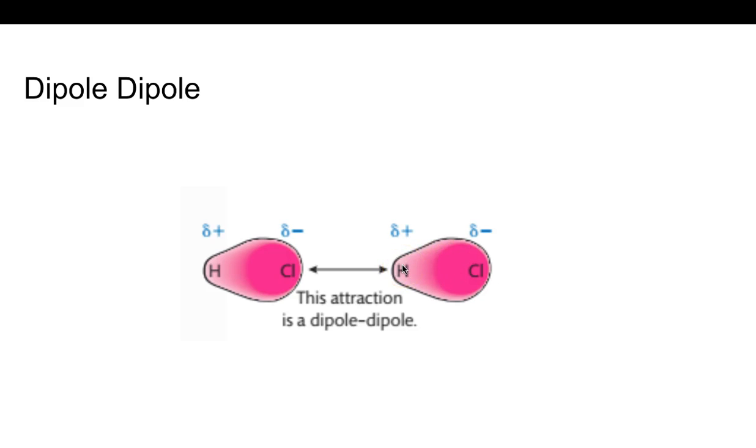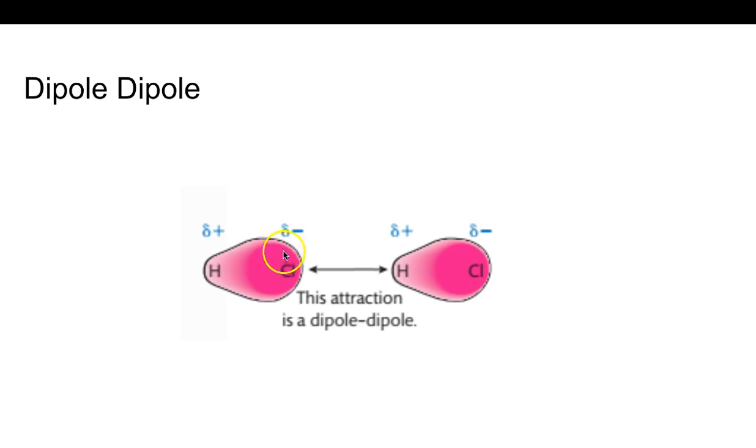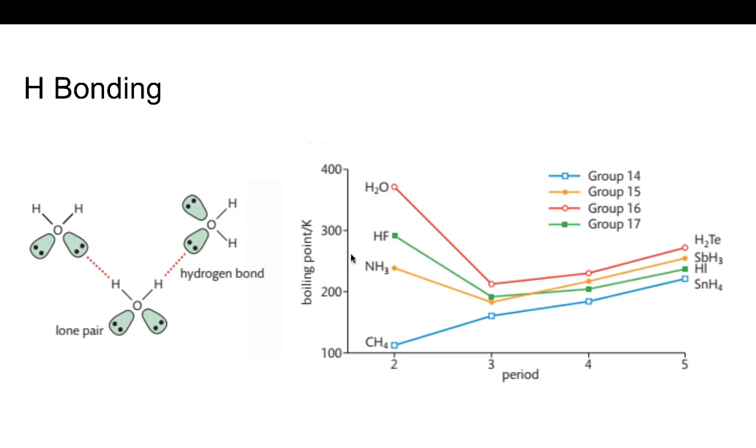This is a permanent dipole, whereas this was a temporary dipole caused by the random moving of electrons. Now remember that all molecules experience London dispersion forces. So in this molecule, I would say that there are dipole-dipole forces as well as London dispersion forces, if I were asked what type of intermolecular forces of attraction existed between these two molecules.